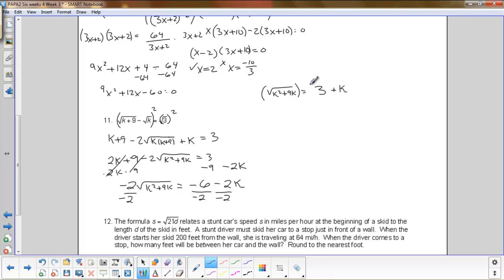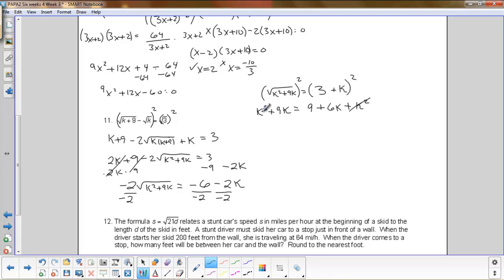Square both sides to get rid of the radical so we can actually solve for k. And over here I get k squared plus 9k equals perfect square trinomial 9 plus 6k plus k squared.